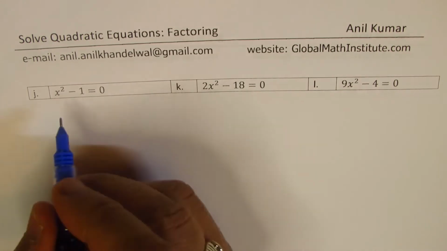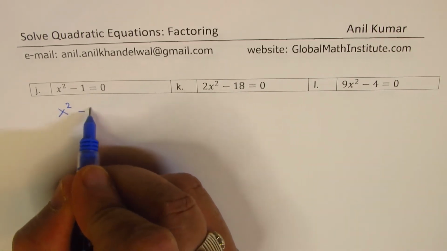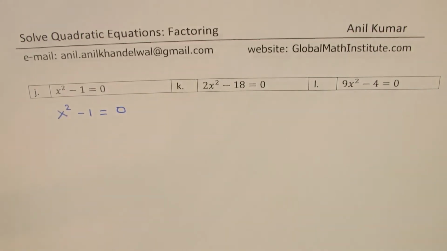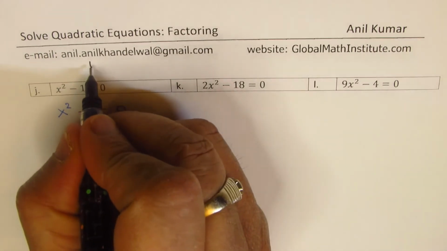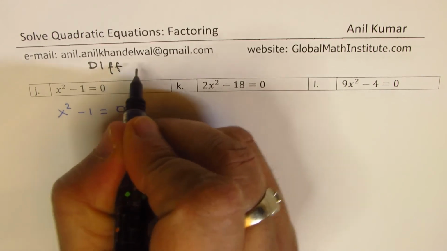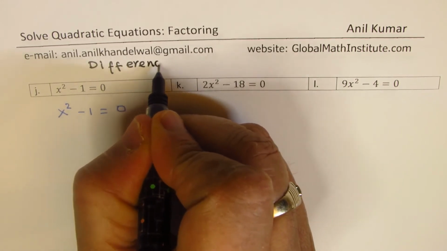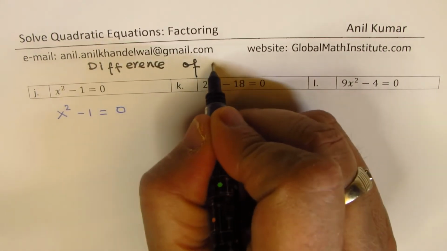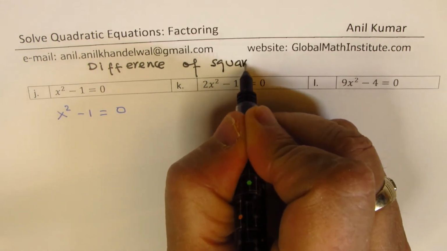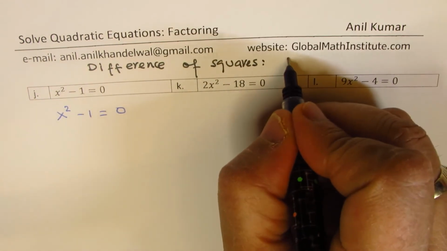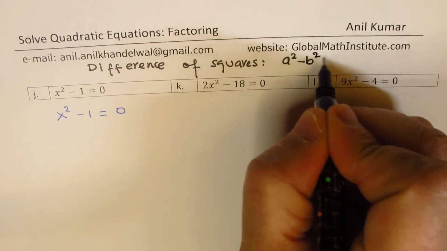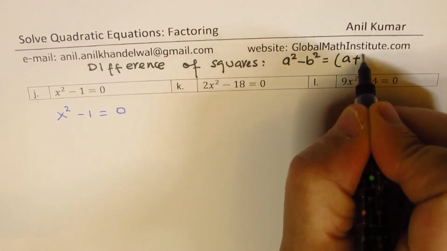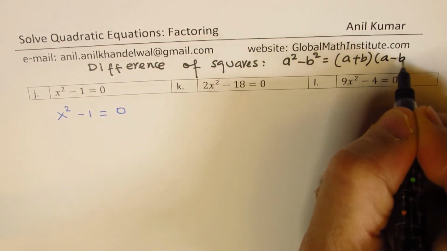Now we have x squared minus 1 equal to 0. Well, this is difference of square, right? So let me write down here difference of square. Now here, if you have a square minus b square, you could factor this as a plus b times a minus b.